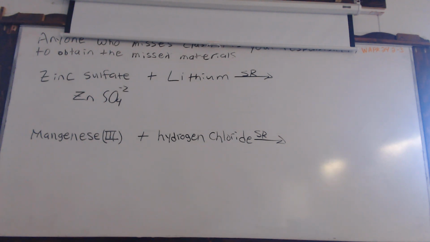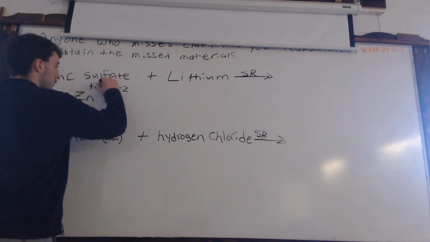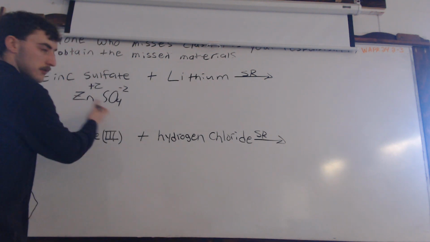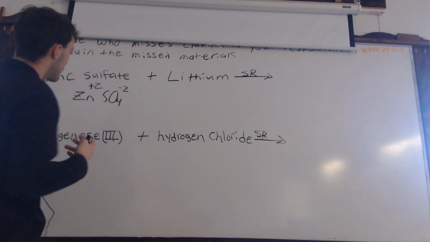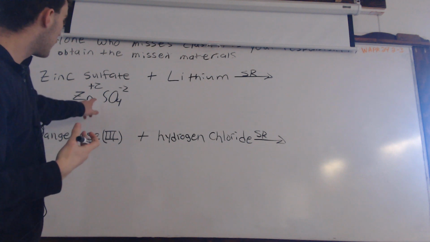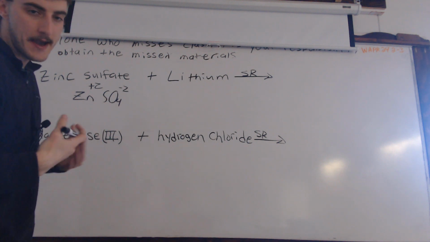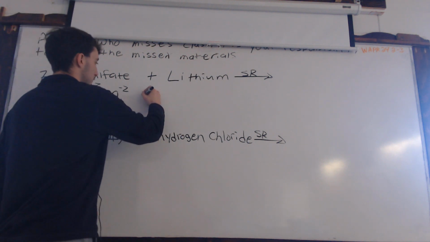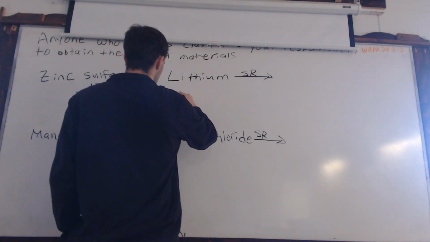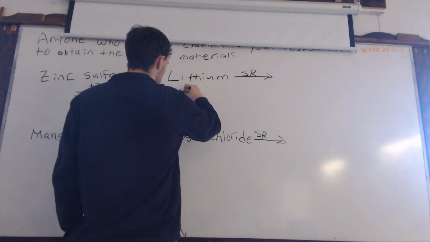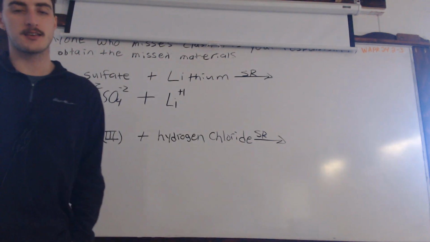Oh, I made it way harder than it had to be. So it's +2. As we can see, our positive and our negative charges cancel out, so we don't have to add any numbers to the problem. So then we're going to put a plus sign, and then we have lithium. Lithium's a +1 because it's in the first column.